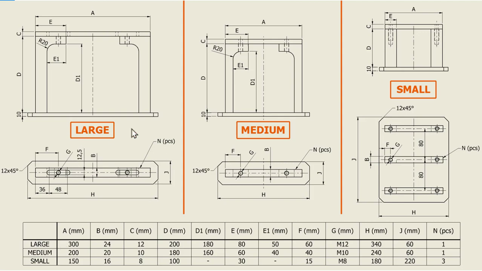There are three variants of this assembly: large, medium and small, and they have dimensions here. For instance, E is 80, 60, 30 and so on.